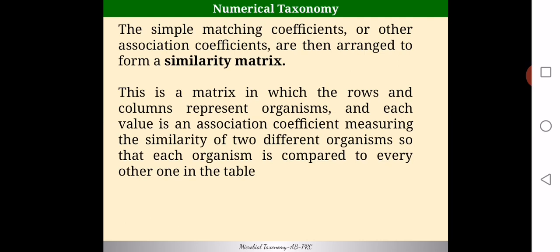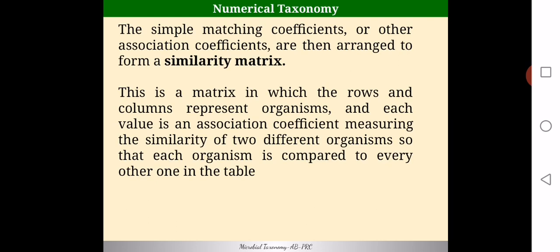And once you get the coefficients, now you have to remember the steps. You have an unknown organism, you studied this organism, you got the data, and the data is used for calculation of the association coefficient. Then this association coefficient, once you have obtained it, is provided in a table, and this table is called a similarity matrix.